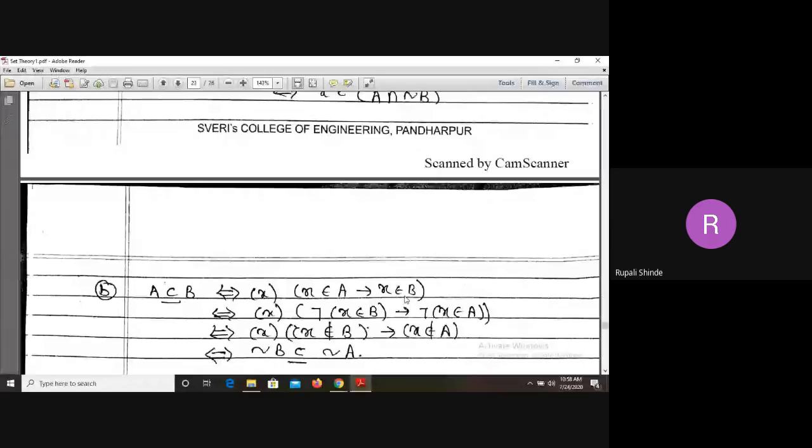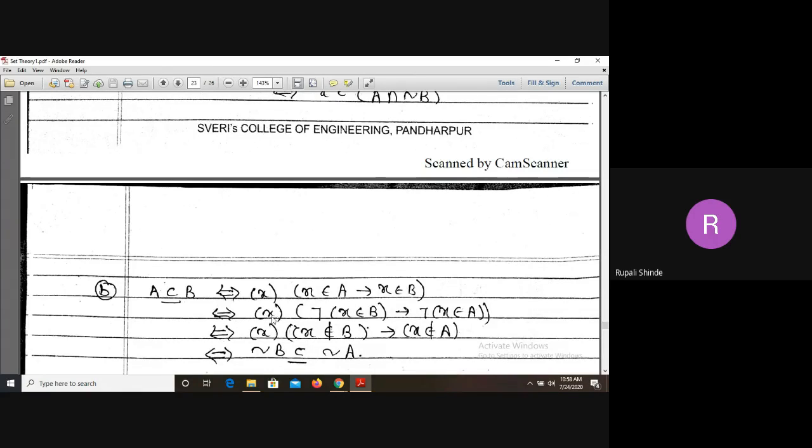Now, if you want to reverse the order, like here in the first step, A is the first element and B is the second element. If you want to reverse this order, that is B to A, then you have to take negation of both the sets, and that we have done in the second step.